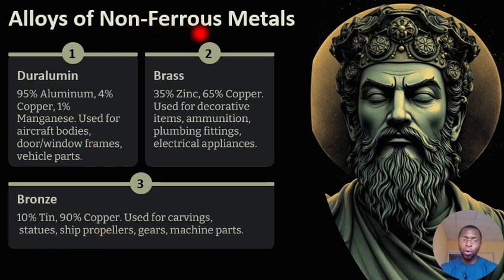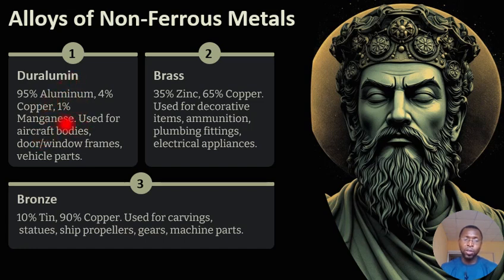Let's talk about alloys of non-ferrous metal. When we say alloys, we are saying mixture of metals. Okay. Now, one of the examples of alloy we have is known as the duralumin. The duralumin is a mixture of 95% of aluminium, 4% of copper, and 1% of manganese.